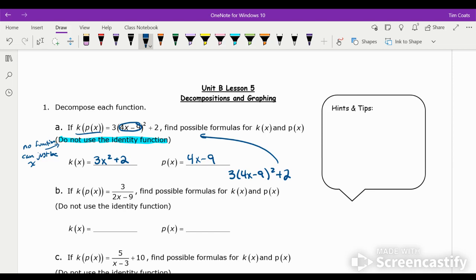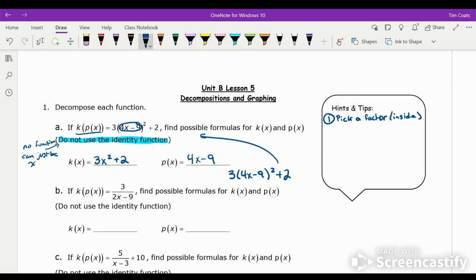The other part: let's step over here and ask what hints could we help ourselves with? One is we just need to pick a factor, maybe an inside function. There's always multiple answers to one of these questions. In this one, we picked the inside function. That is one answer.